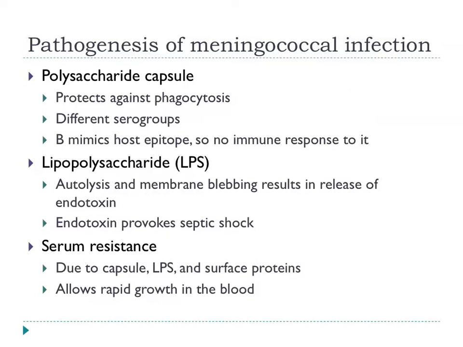Most of the things that live in your throat, if they get into your blood, get killed very quickly. Similarly, if you scrub your teeth, a lot of bacteria from your mouth get into your blood, but they all get mopped up and killed very quickly. The meningococcus is rather special because it has this ability to survive in the blood.